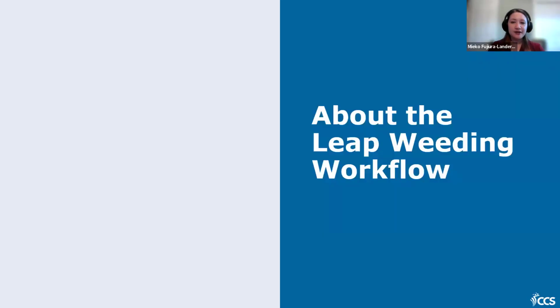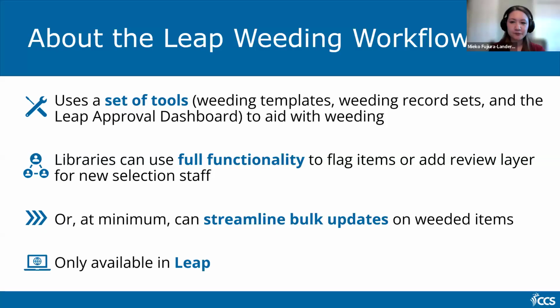We're going to dive in, starting with just a few things to note about the Leap weeding workflow. As I mentioned from the start, the Leap weeding workflow uses a set of tools to aid with weeding. These tools are all new as of our most recent Polaris upgrade last month, and they include weeding templates, weeding record sets, and a new utility tool called the Leap Approval Dashboard.